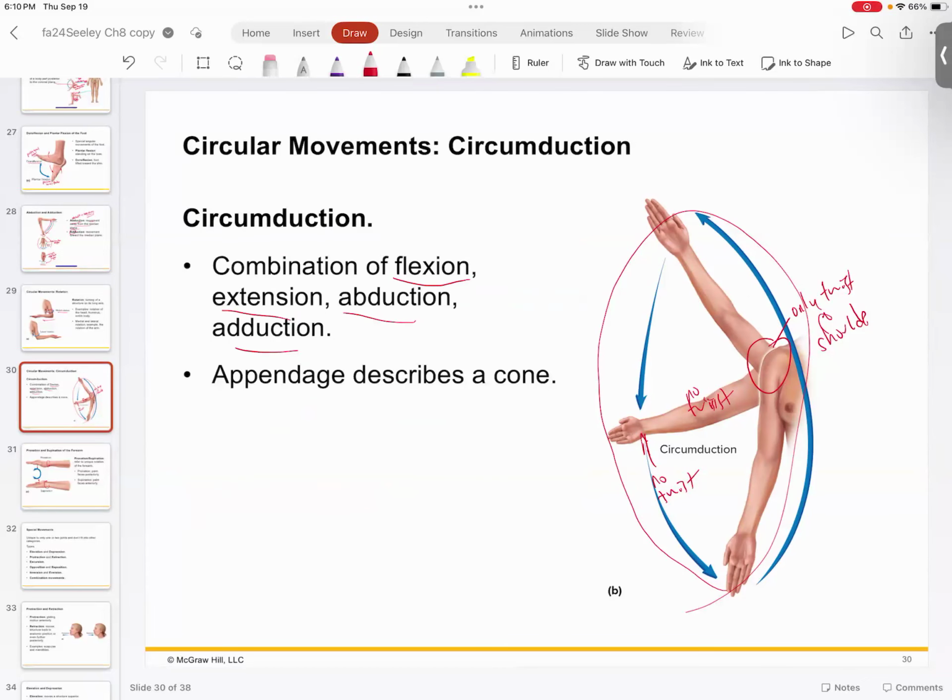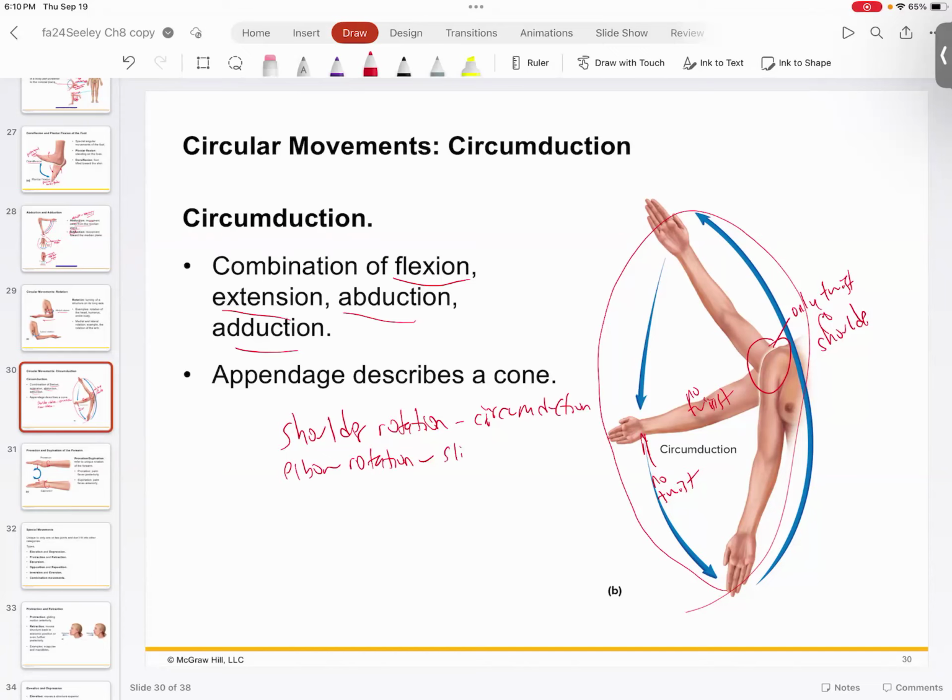You have shoulder rotation, which creates circumduction. You have elbow rotation, radius and ulna, basically. It's slight, but it's there.